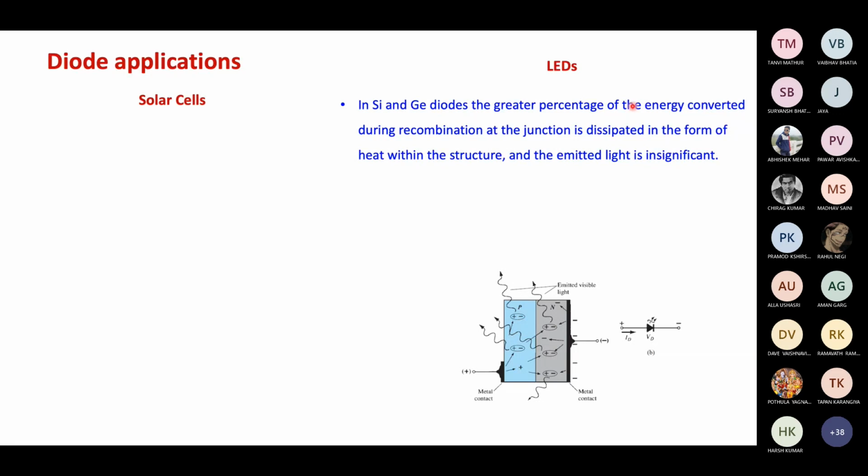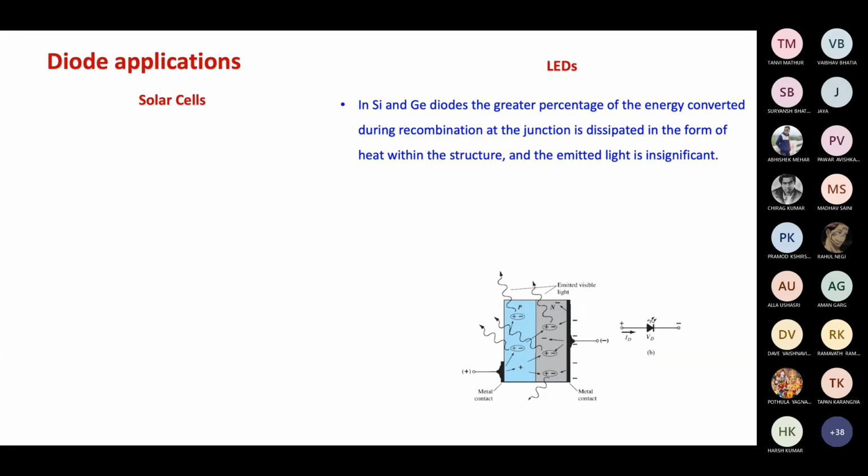And if you remember the notion of direct and indirect band gap semiconductors, if we use a direct band gap material, then on recombination a photon will be emitted and that will produce light, right? But if we use an indirect band gap semiconductor like silicon or germanium, then on recombination, most of the energy might be transferred to the phonons, to the lattice vibrations.